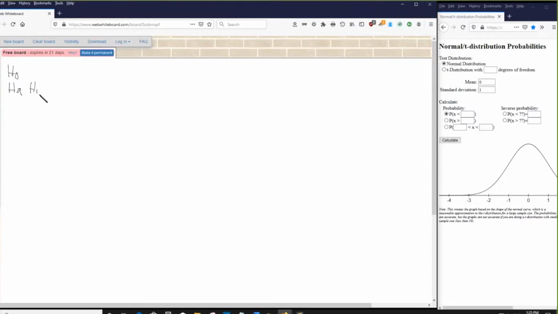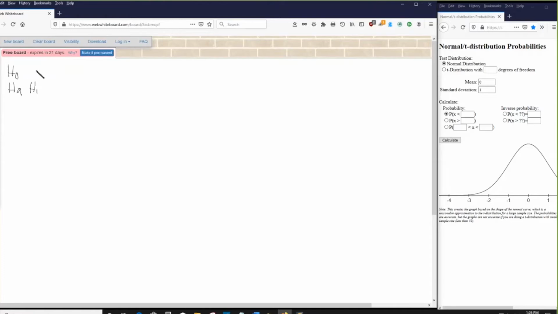We don't ever use true or false statements because we're dealing with estimates and probabilities, so we can't say the data makes the null hypothesis true. All we can say is whether or not the data tells us to reject or not reject the null hypothesis, or what we're claiming to be true.